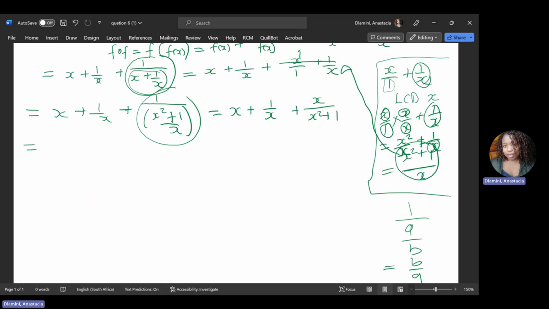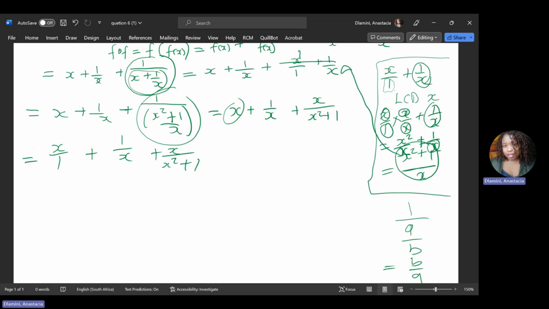We are not done. We want to simplify this expression, meaning we want to add all three terms. The terms that are not fractions, we make fractions by dividing by 1. So this will be x over 1 plus 1 over x plus x over x squared plus 1.